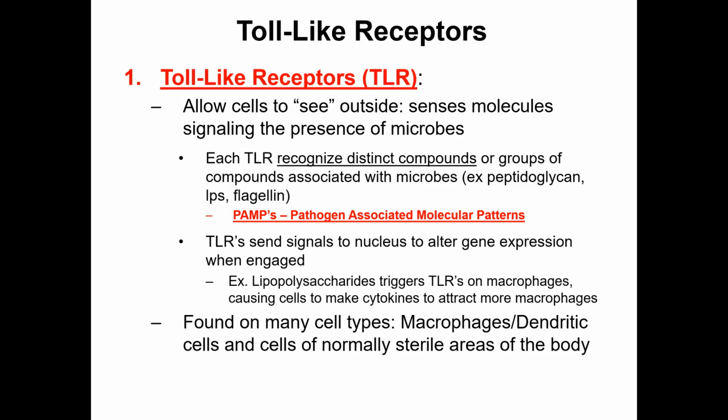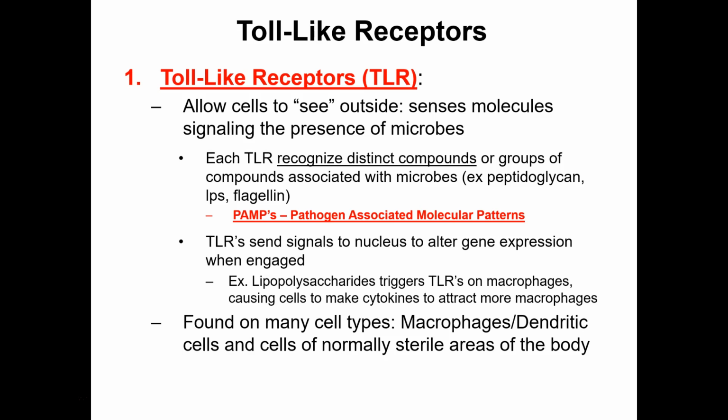Okay, toll-like receptors. The first one's discovered. So all of these receptors on our macrophage are also called toll-like. And toll-like receptors are how your white blood cells can see their external environment. It's how they can sense pathogenic chemicals in your body.